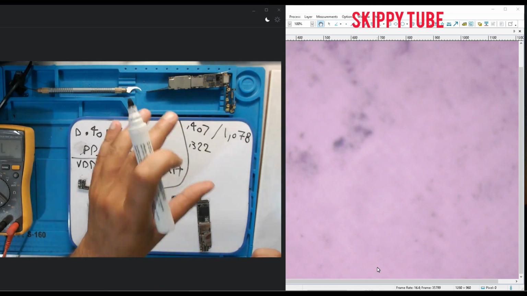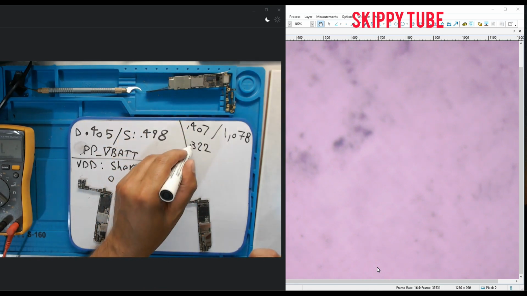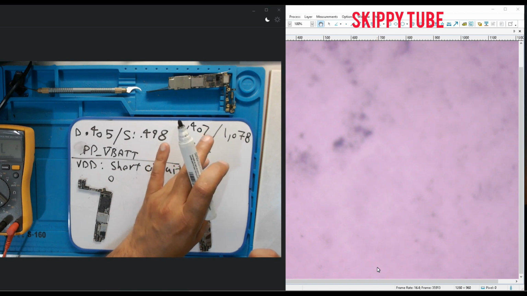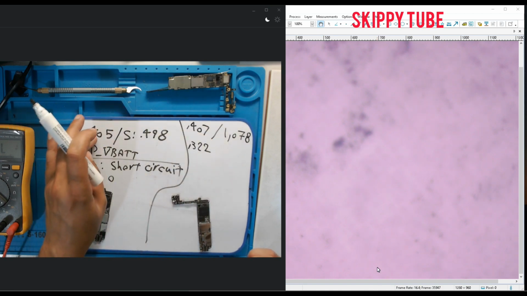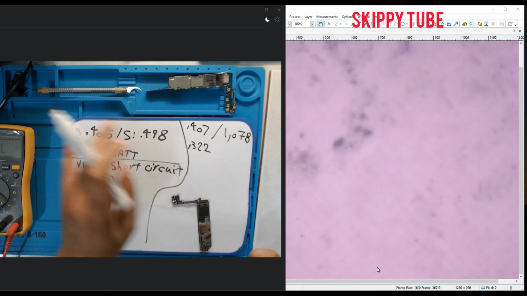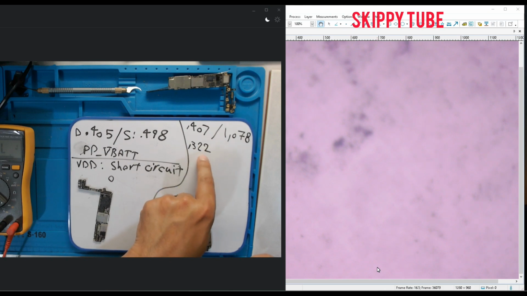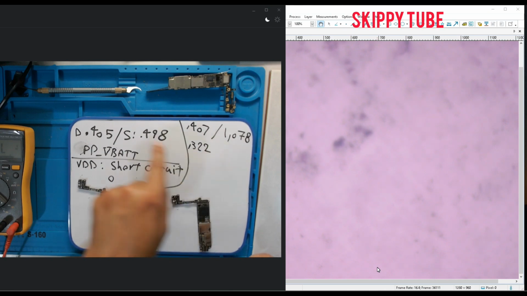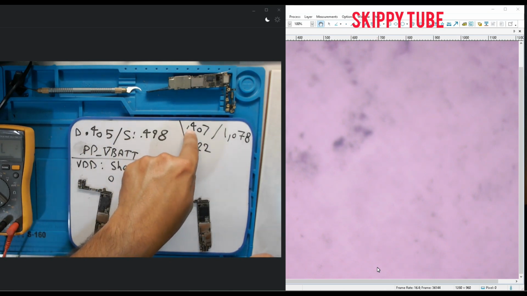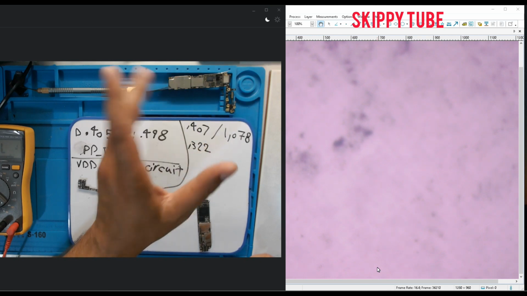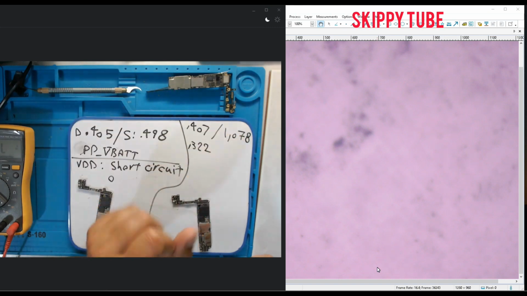322. Pay attention. In the first video I told you, when voltage 2 shows any diode value, voltage 1 needs to show more than that value. You see this side, this is a normal phone showing 322, and voltage 1 needs to show more than voltage 2. This is voltage 1 between the battery connector and the charge IC.